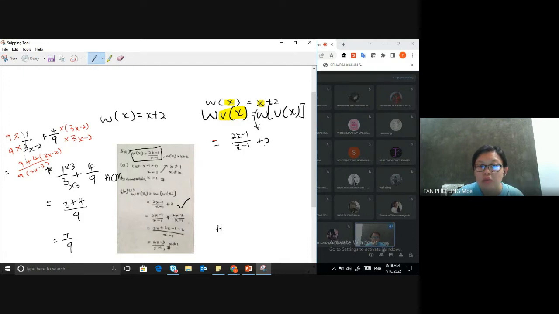Why? When we write nothing, it means 1 here. So top and bottom also multiply by x minus 1, so that the whole thing has x minus 1 at the bottom. Then you can have 2x minus 1 copied back, and then plus 2 times x minus 1. So now you can expand.